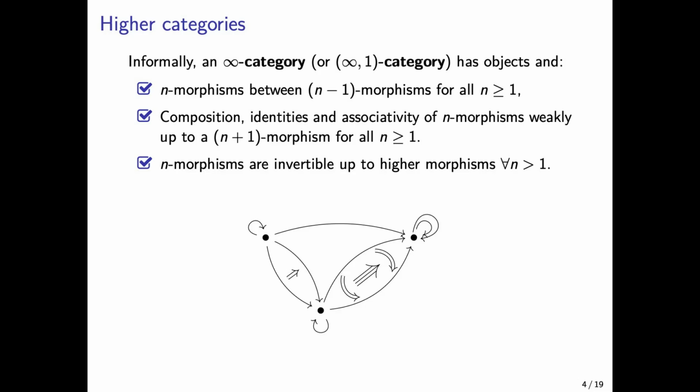So we have 1, 2, 3 and up collections of morphisms. Then we need to define composition, identities, and associativity up to a higher morphism, weakly. And finally, for an infinity-1 category, all the n-morphisms with n greater than 1 are invertible up to higher morphisms. So everything is weak.